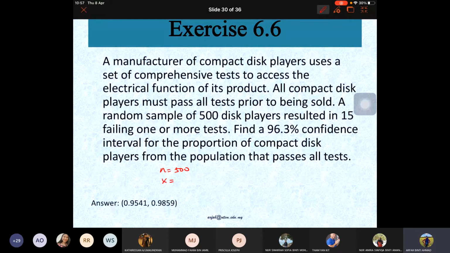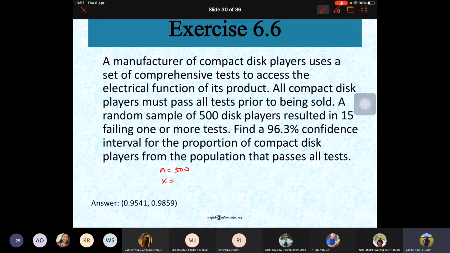Muhammad Baihaqi. Oh, Muhammad Baihaqi, are you there? Priscilla, what's the value of X for this particular example? I don't know. Oh no.